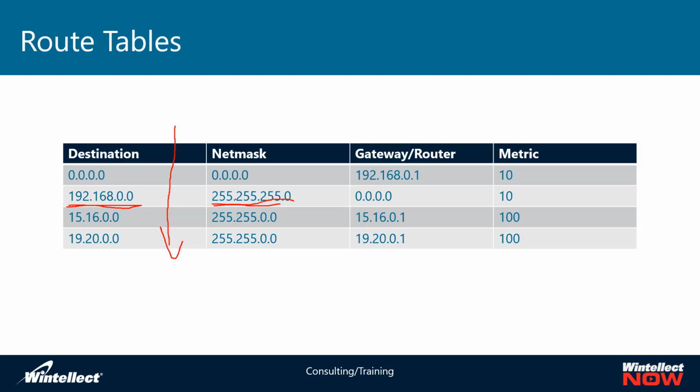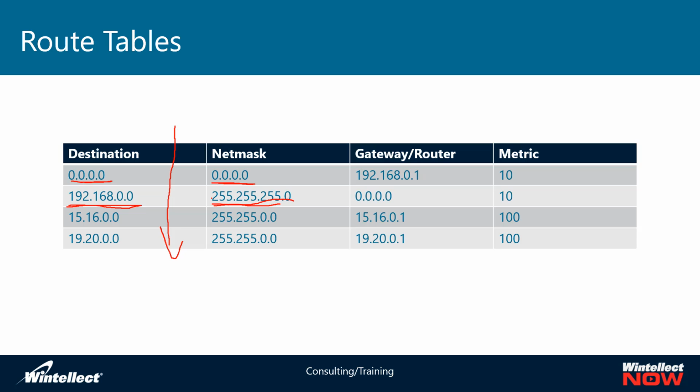And when it finds the match, it attempts to send that packet to a given gateway or router on that network. That's the next hop in the chain. Typically you'll have a catch-all rule that's defined as 0.0.0.0 and a net mask of 0.0.0.0.